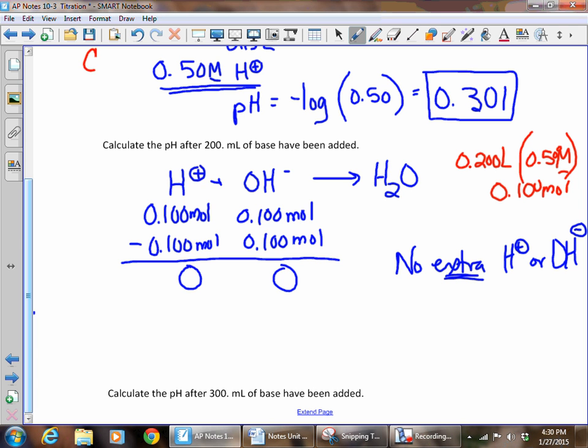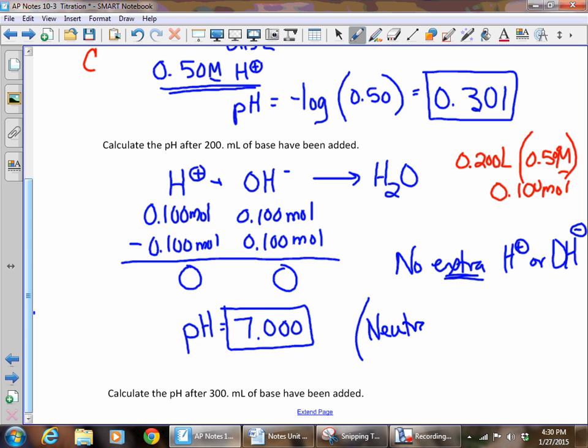And a neutral solution at 25 degrees Celsius is going to have a pH of 7. So I'm going to put this in here, so hopefully this will jog your memory when you jot this down in your notes and come back to it. So it's a neutral solution at 25 degrees Celsius, and we'll have a pH of 7.